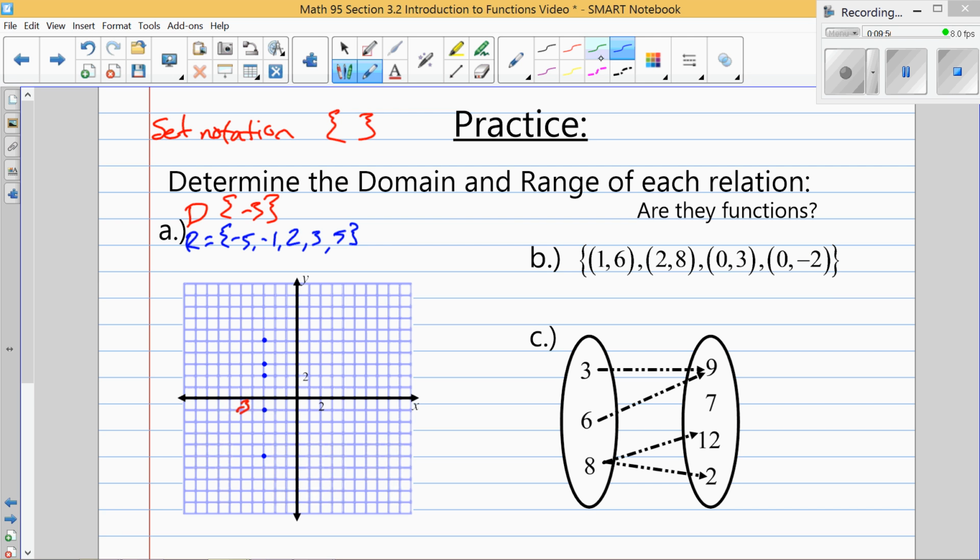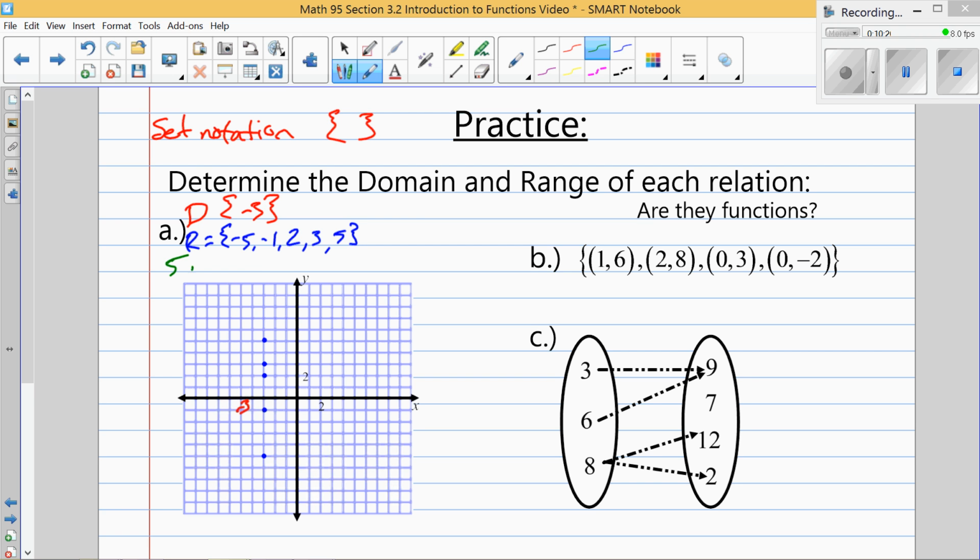So next I want to answer the question, is this a function? And if I remember, the definition of a function says that each input has only one output. But for this relation, I only have one input. That input is -3. That -3 maps to 5 different outputs.